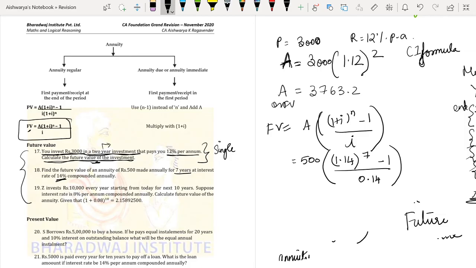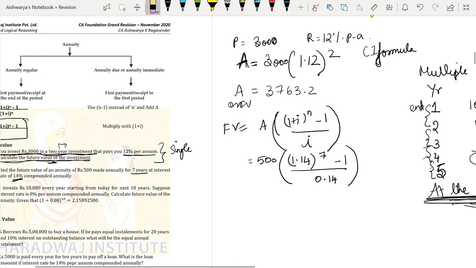Now, how to calculate this using your calculator? All of you know how to do 1.14 the whole power 7, correct? So, just do 1.14 the whole power 7 on the calculator, into 2 times or into once on your calculator equal to, so that gives you whole square.